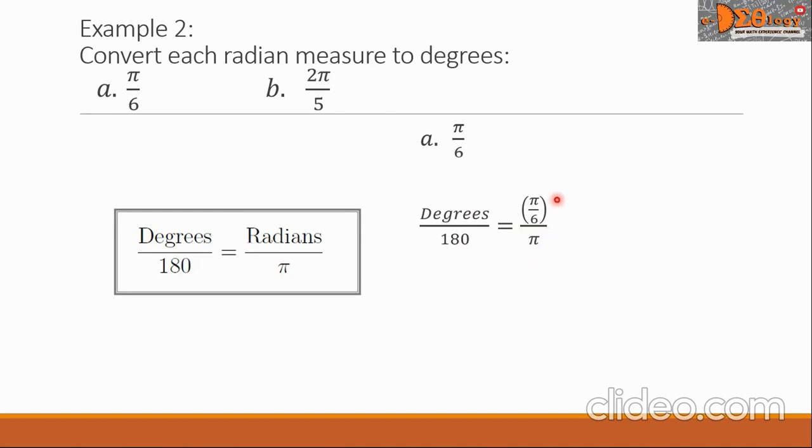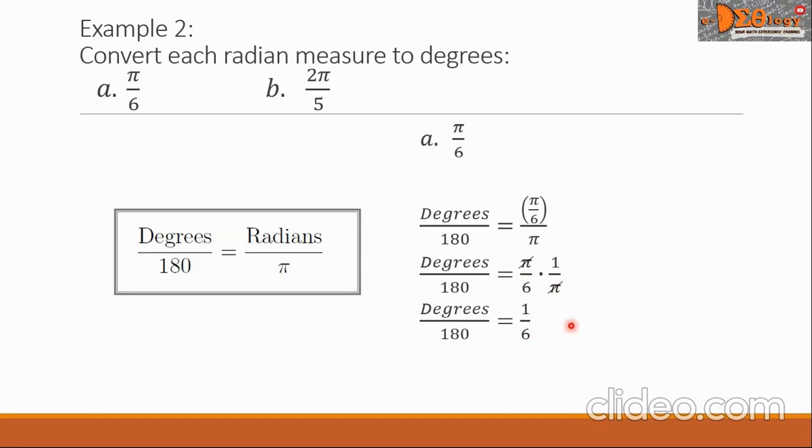So let us simplify the complex fraction by doing this: pi over 6, then times, we're going to flip the pi into 1 over pi. And then from here we will simplify further. We can see that we can cancel the pi in the numerator and denominator respectively. When we do that, the right hand side is simplified into 1 over 6.